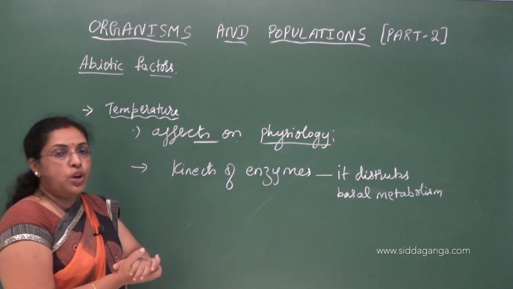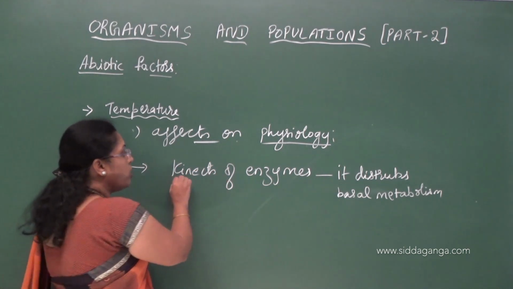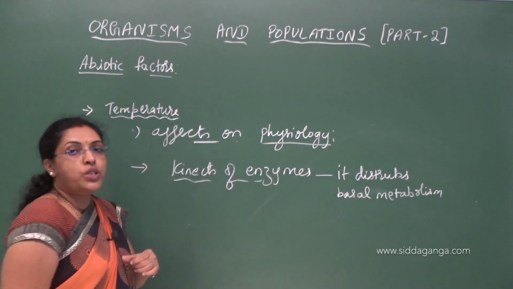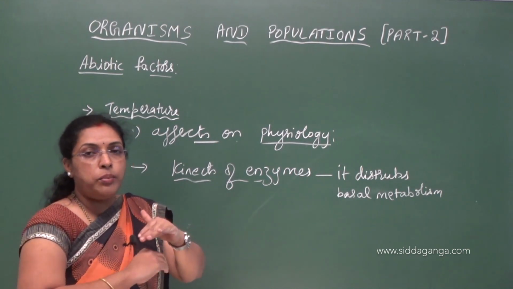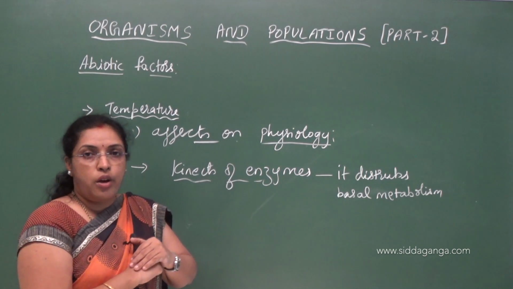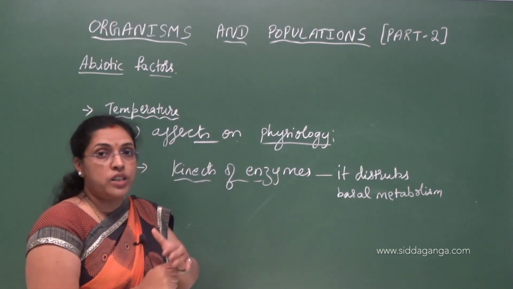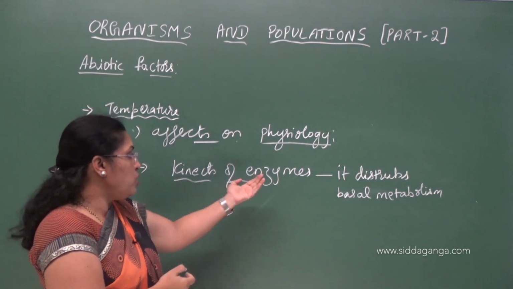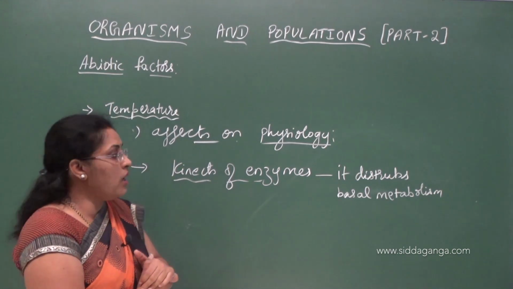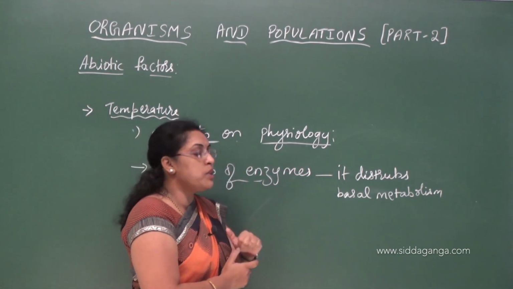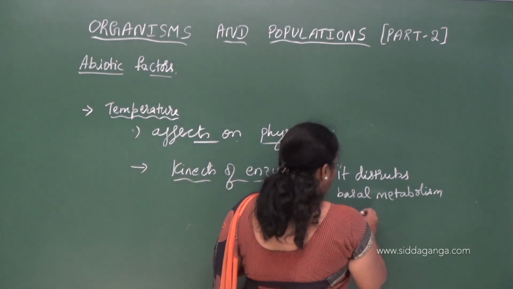Enzymes have a particular pH and temperature; below and above that temperature they are non-functional. Above that temperature they become denatured and proteins are destroyed. So temperature affects the kinetics of enzymes, and through that it disturbs basal metabolism and other physiological functions of our body.